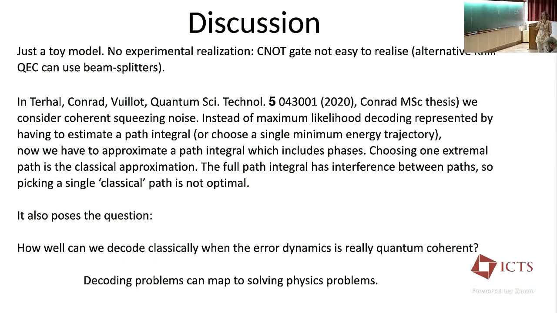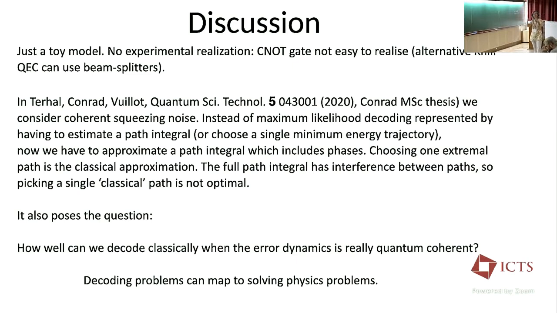We had some Green's function and a path integral, and you could say I can approximate this path integral by a single trajectory. But that's a classical approximation. In our case, this is all in Conrad's thesis, the path integral may also have interference between paths, so a single classical path is not optimal.